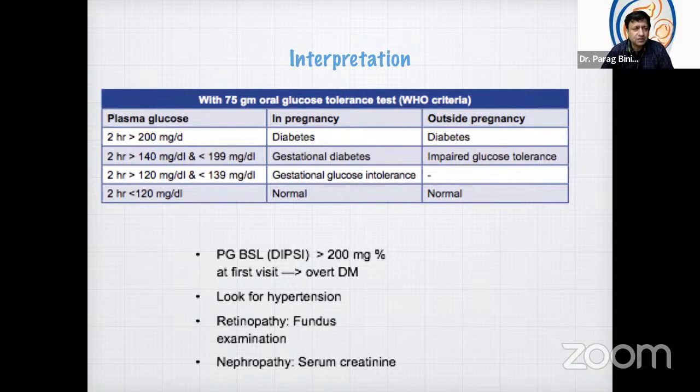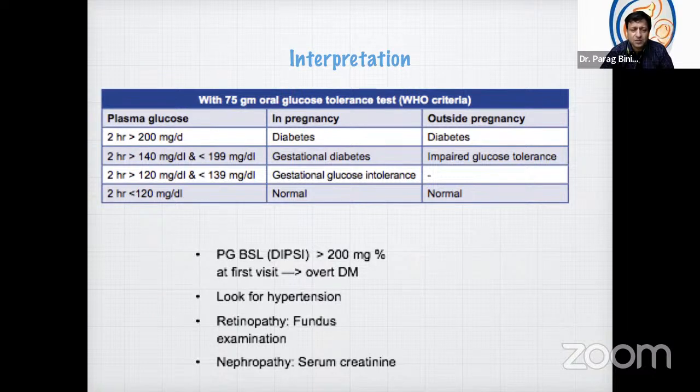The values between 140 and 199 denote that the woman is suffering from gestational diabetes mellitus. However, if the values are more than 200, we say that probably we are dealing with a woman who has overt diabetes, which was not diagnosed earlier, and is now diagnosed for the first time during pregnancy.